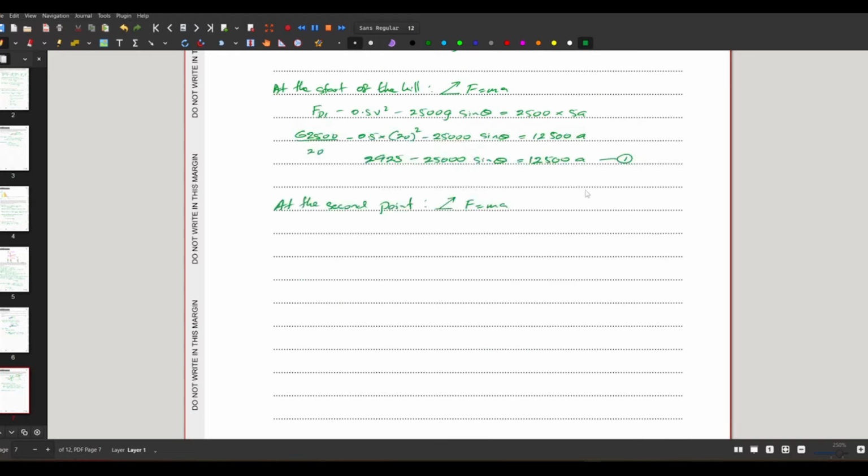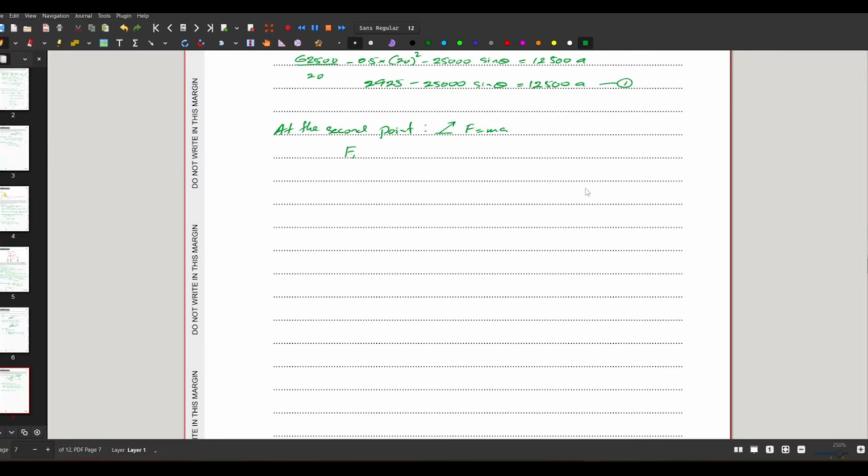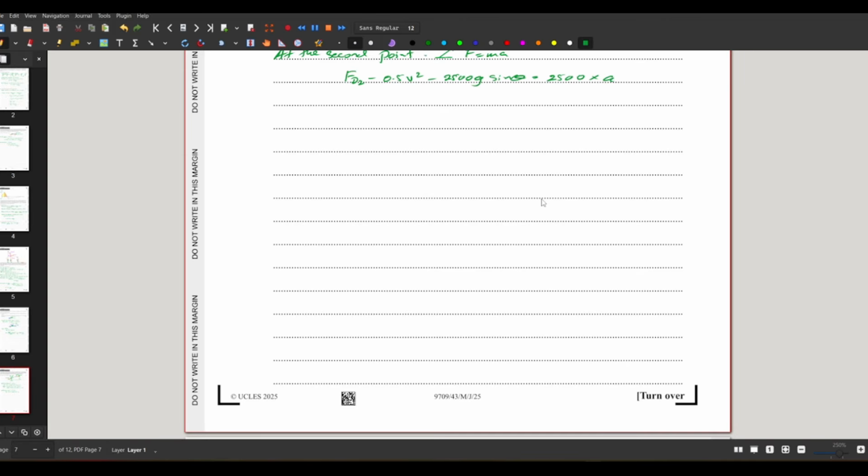So we have FD2, the driving force, minus again the resistance, and then the force component from the weight, sine theta, weight is 2500 times, now the acceleration is 8.